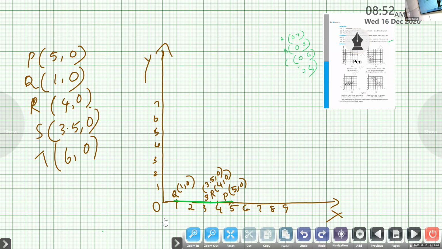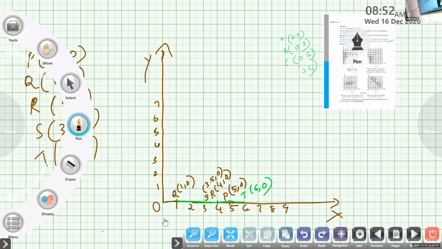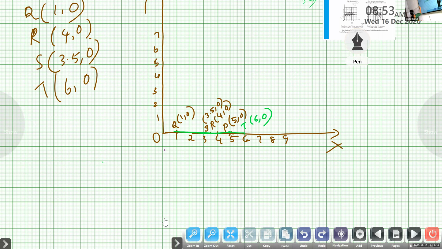Krishnaveni, is it over? Okay. All the points lie on the x-axis. So first point, you can write all the given points lie on the x-axis. And Krishnaveni, what are their y coordinates?